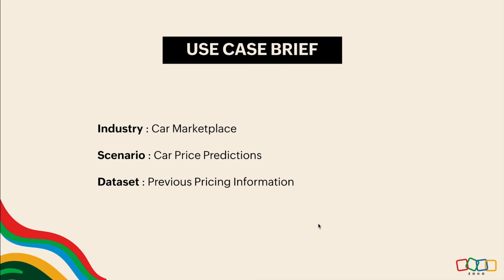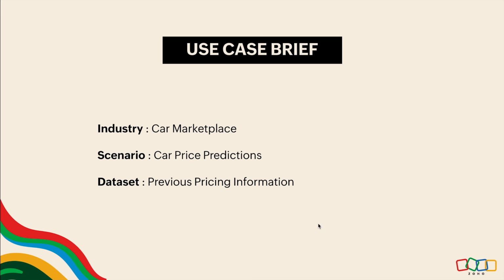So in today's use case, let's consider you are running a car marketplace where you deal with both new and used cars. It's important that you set the right prices for your cars so that it brings in the needed profits for you, but at the same time, it also provides value for money for your customers.